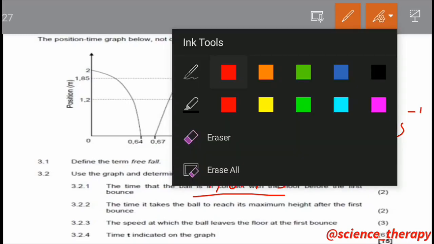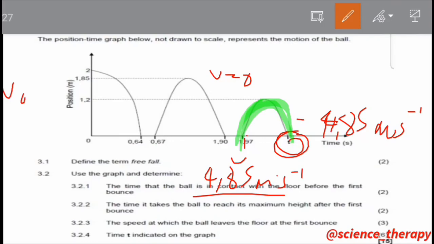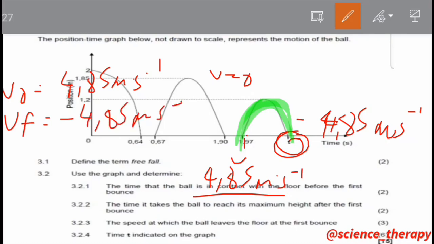So now collecting our data, we say our Vi is 4.85 meters per second. We are checking the whole journey for the green graph there. Vf is negative 4.85 meters per second. Our acceleration is negative 9.8 meters per second squared. And remember, we are looking for delta t, the time in between that green graph.